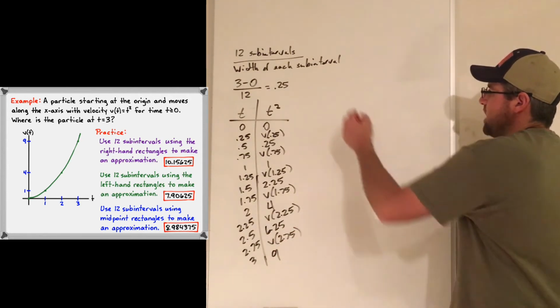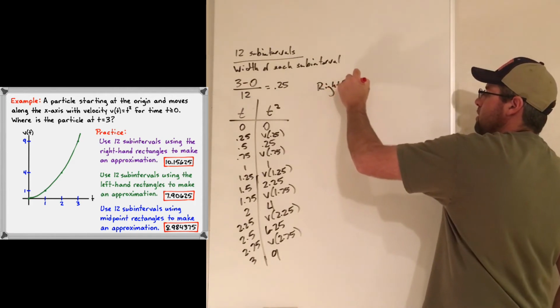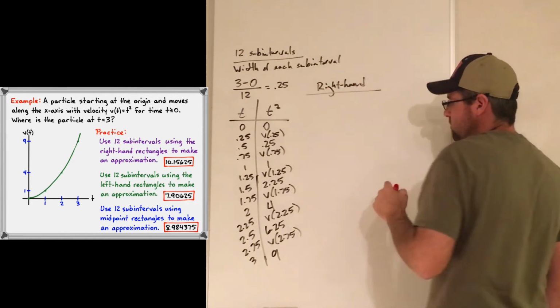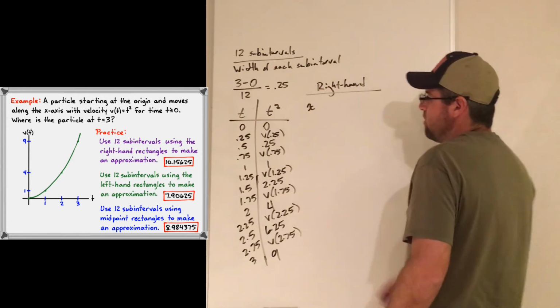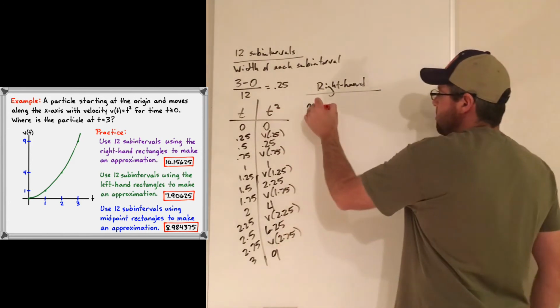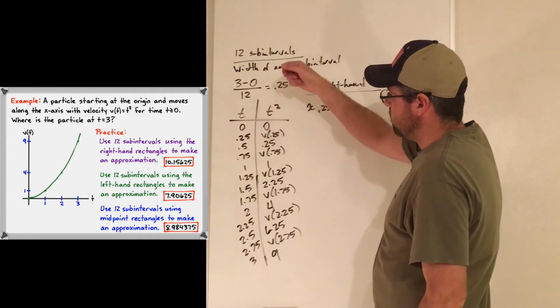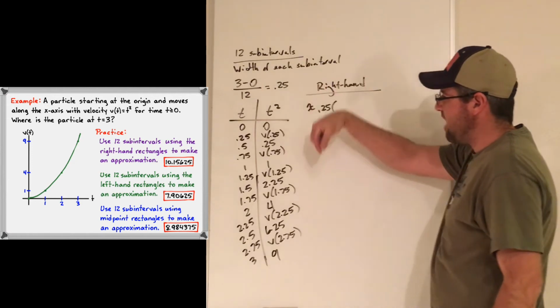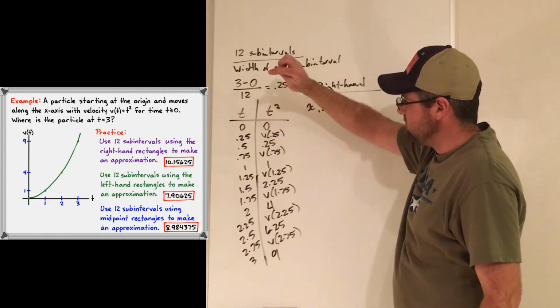If I want to use a right hand with 12 subintervals, I would say that it's approximately, well, the width of the first one is going to be 0.25 times the height of the first one. Well, I want to use the right hand value. So which one's on the right? Is the 0 or the 0.25 on the right?